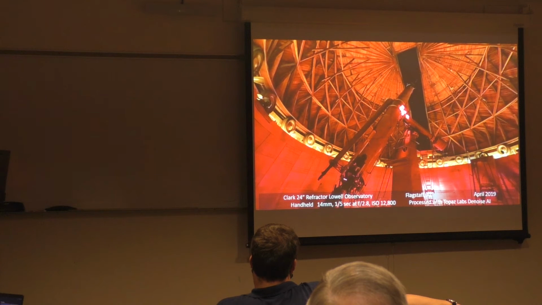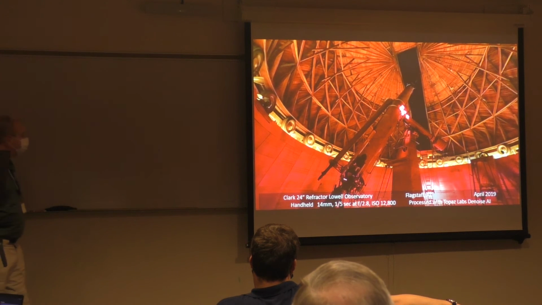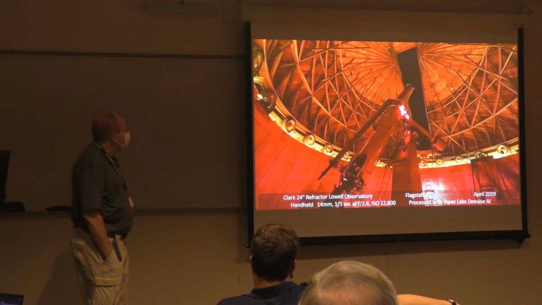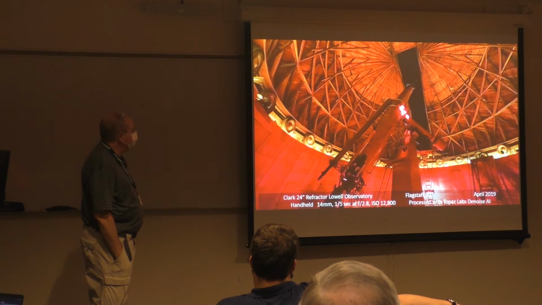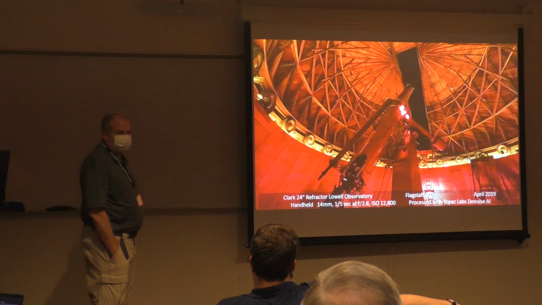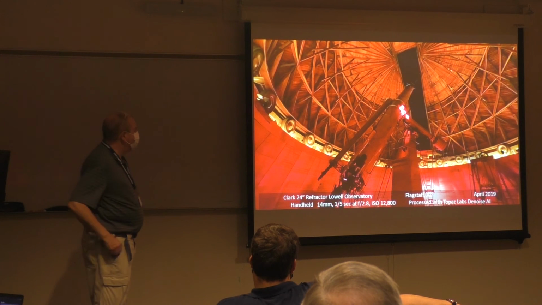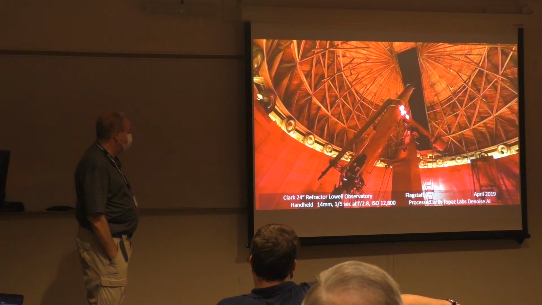This is Flagstaff's, the Clark 24-inch refractor. They had an open house, and it's a handheld shot inside the dome, obviously. That's the original dome from way back when, that Percival Lowell was seeing the canals on Mars.